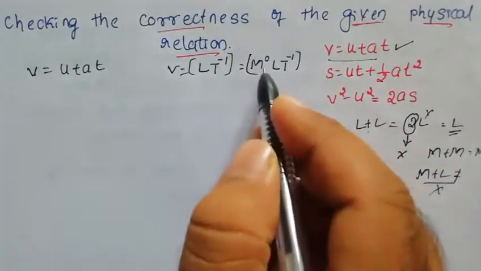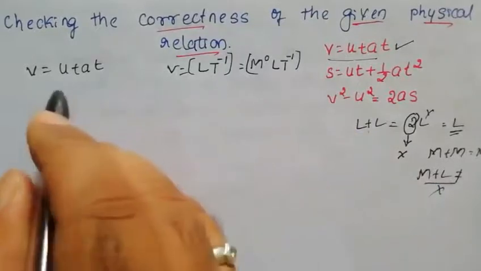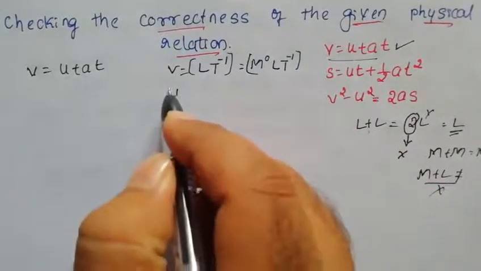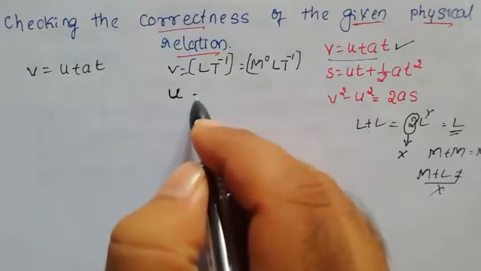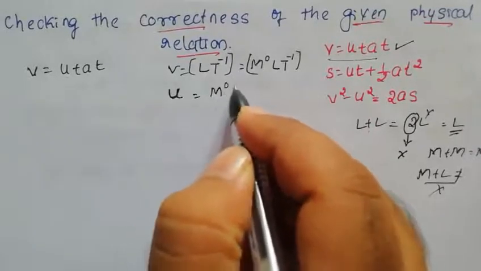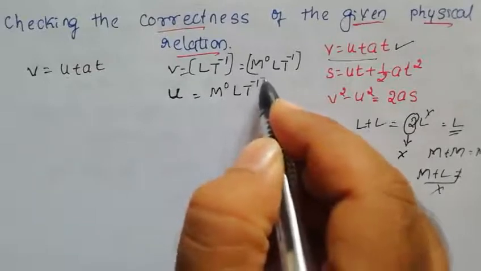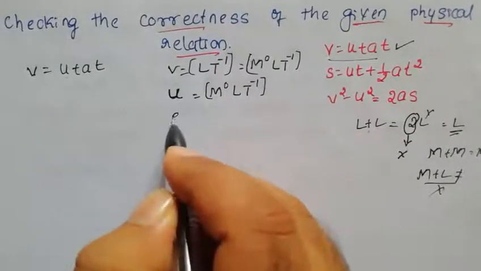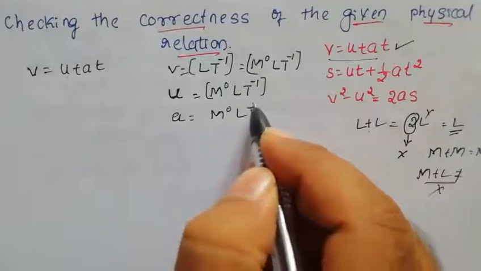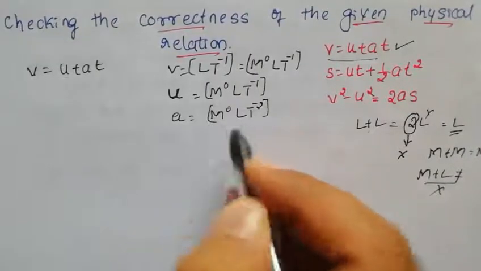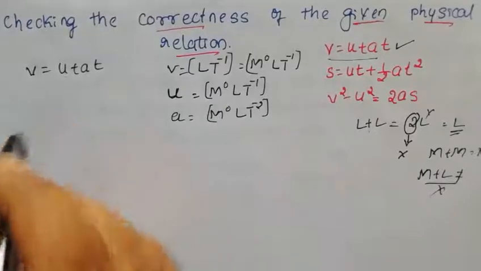M to the power of 0 means 1, so it is the same. Initial velocity or final velocity or any type of velocity will be the same thing, M power 0 L t to the power of minus 1. And acceleration is M power 0 L t to the power of minus 2, and time is T. So we put these values here.